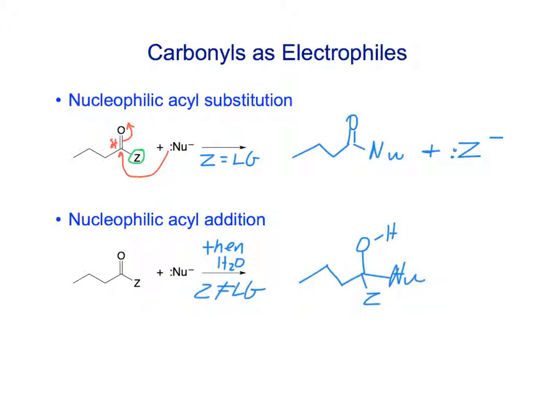In the top case, if Z is a leaving group, these are the carboxylic acid derivatives: acid chlorides, anhydrides, esters, amides. If that can behave as a leaving group, then the nucleophile substituted for the Z group.